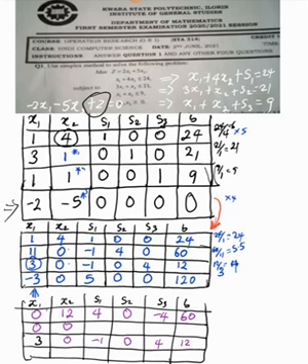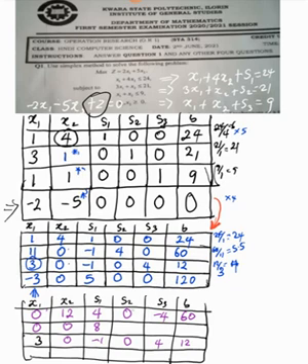So we're going to have negative 3 minus negative 11, which is negative 3 plus 11. Negative 3 plus 11 will be equal to 8.